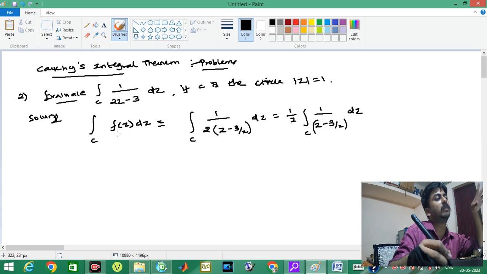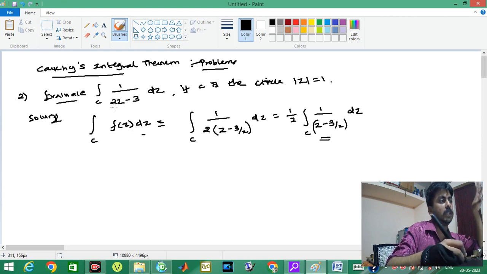Because to find the integral over C of f of z dz, the denominator should be in the format of z minus a. It should not be associated with any extra constants multiplying z, so I write it as z minus 3 by 2. For that I have taken 2 outside, and it has to divide the second term, that is 3. So 1 by 2 integral over C 1 by z minus 3 by 2 dz is the net result.